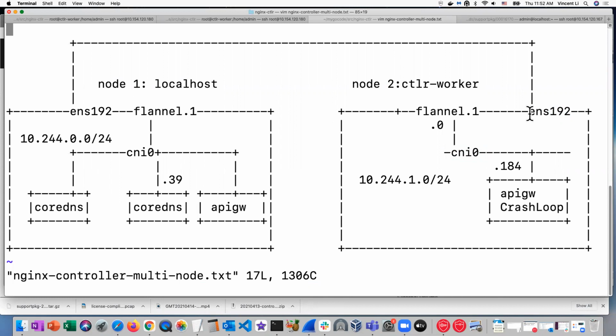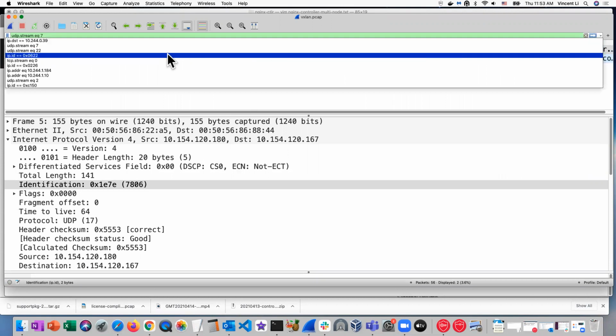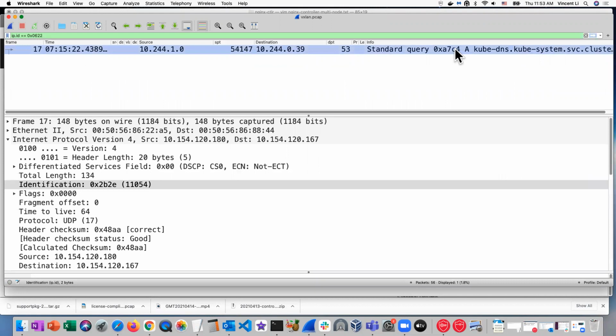So now let's look at the capture on this physical interface. So this is the capture on the physical interface, and this is the packet that got encapsulated.